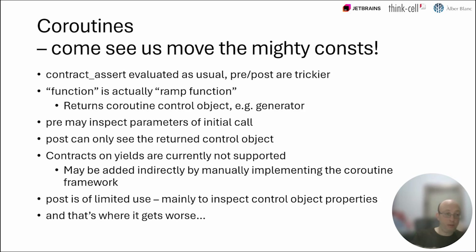The pre could inspect the initial parameters of the initial call only, and that could indeed be useful in some cases. And the post could basically only look at the returned control object. It's doubtful how useful that would be, but who knows.